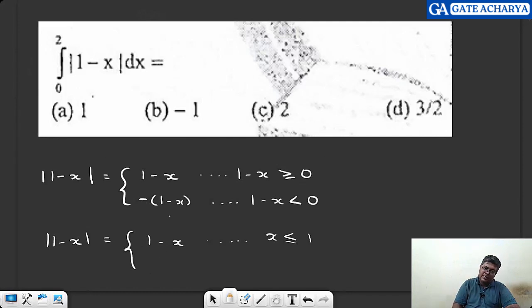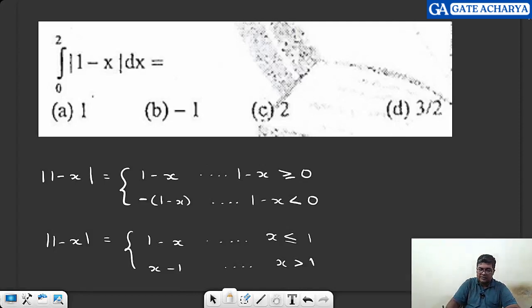Now, if I put a minus sign here, my function becomes x minus 1, for x greater than 1. So for x less than 1, I have to select 1 minus x. For x greater than 1, I have to select x minus 1. Now, guys, you can see here that 1 is the point which is within the limits 0 to 2. If you check the limits of the function, 0 to 2, 1 is between them.